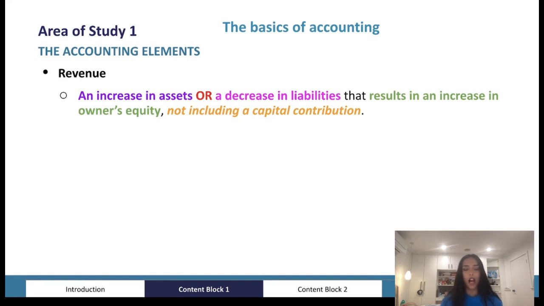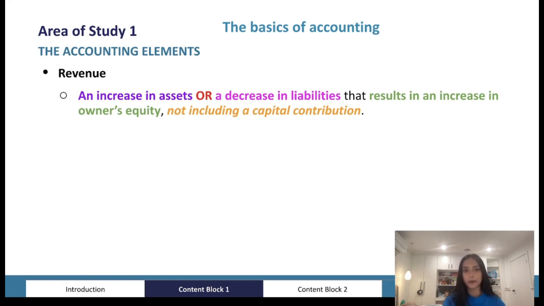It can't be both. So if a question asks, why is sales a revenue? You would say the definition, but you would say it's an increase in assets. You would not say sales is a decrease in liability, because a sale isn't a decrease in liability. So you have to be careful when you use this definition because it needs to apply to the specific revenue that you're talking about.